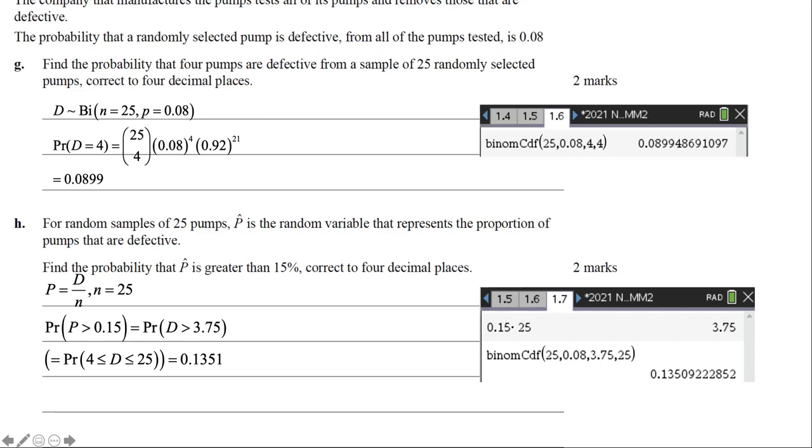It cannot take any decimal values, not like continuous random variables. So the least value of d you could take here is 4. And the uppermost value is 25, the maximum value of d, which is the number of trials. Using Binomcdf again, you could get the answer is 0.1351, okay?